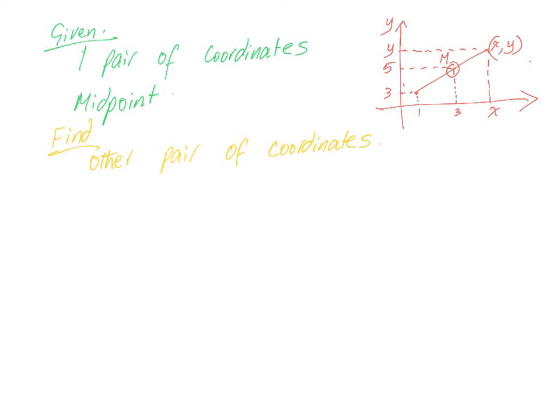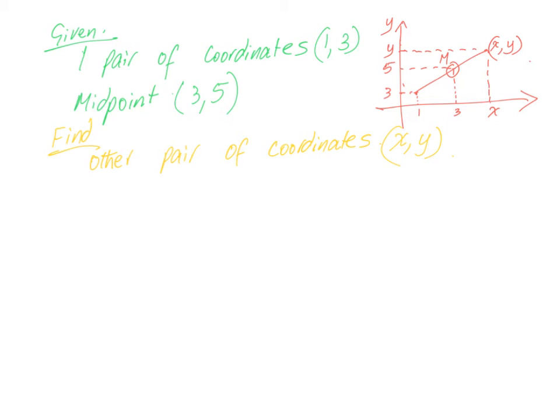So one pair of coordinates is given, which is (1, 3), and the midpoint is given, which is (3, 5), and then we are trying to find out x and y, right?